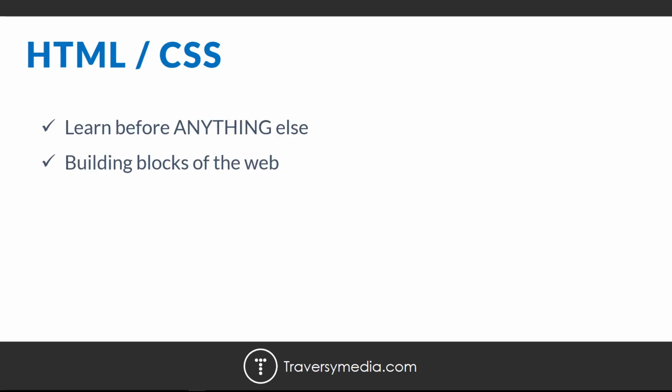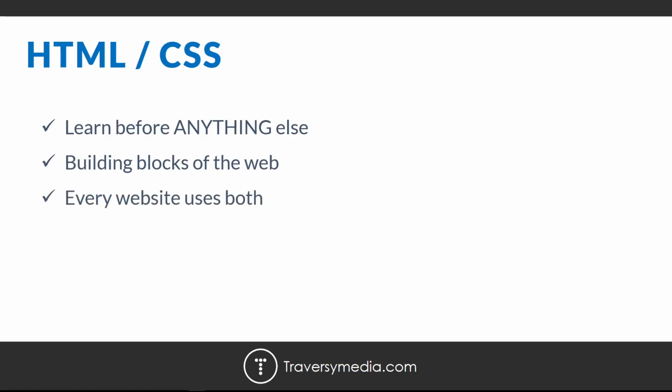All right, so now that we talked a little bit about tools and software, let's talk about the technologies that you need to learn. So HTML and CSS, I would say that you need to learn before anything else. If you're striving to be any kind of web developer that builds stuff in the browser, this is the most important thing to learn because HTML and CSS are the building blocks of the web.